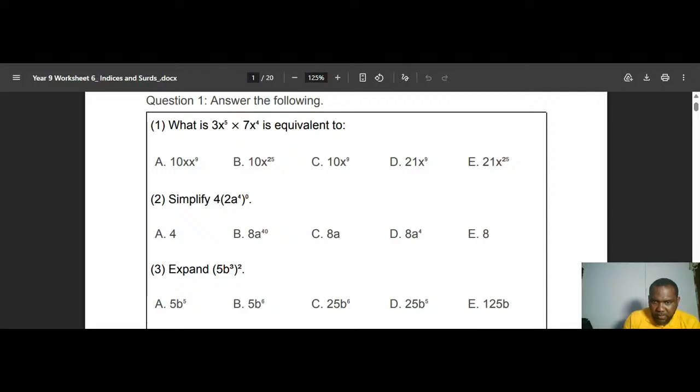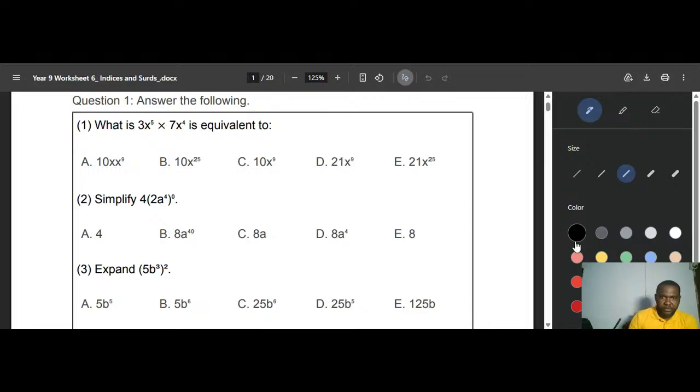Let's do it together. I love your answers. Now, for the first one, I think my pen is misbehaving. Let me sort my pen out. While I'm working on my pen, you guys should do some more.